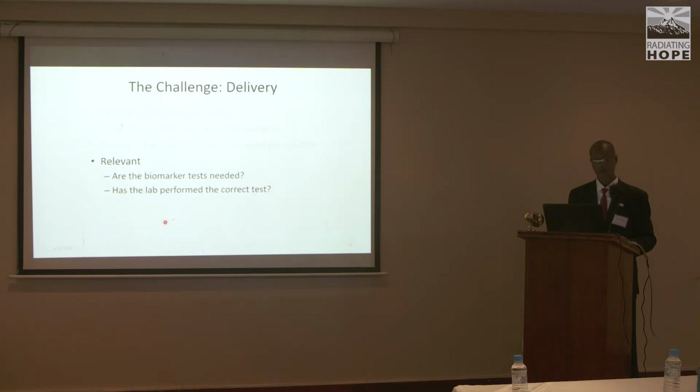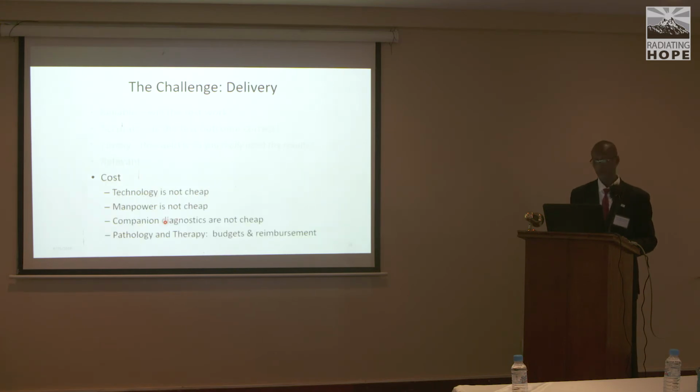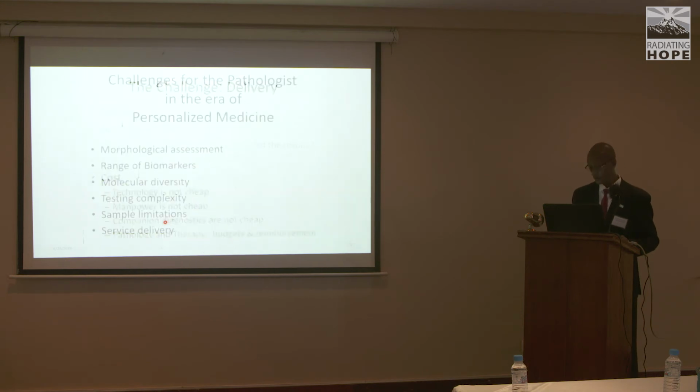Relevance: what biomarker tests are needed? Has the lab performed the correct test? Cost, as you may know: technology and manpower are not cheap. Companion diagnostics are again not cheap. Pathology and therapy need budget and reimbursement.